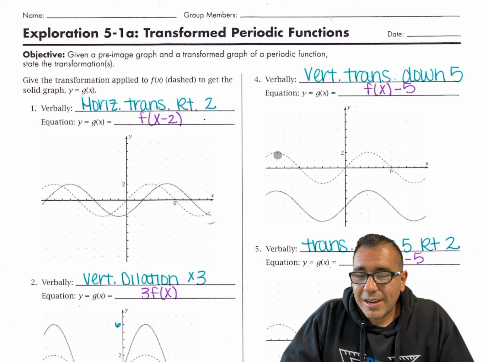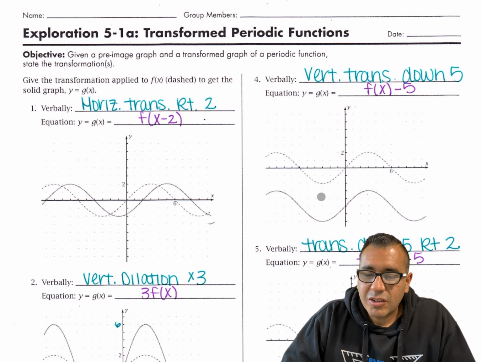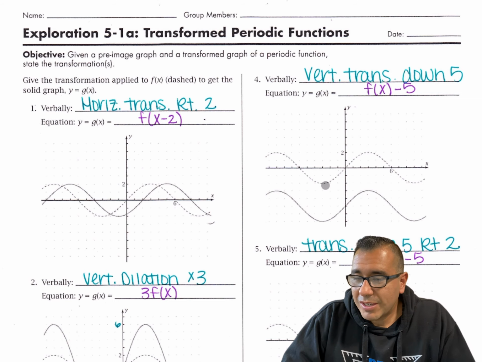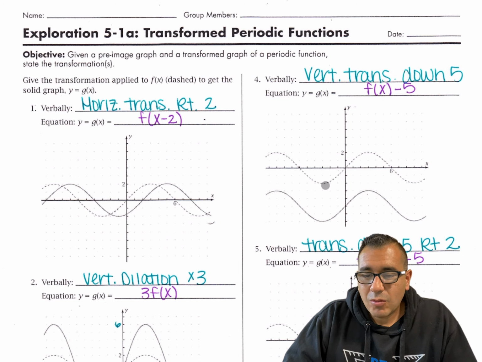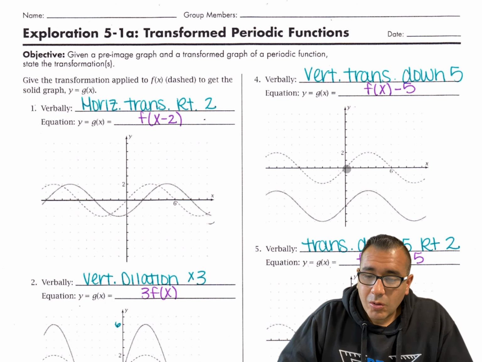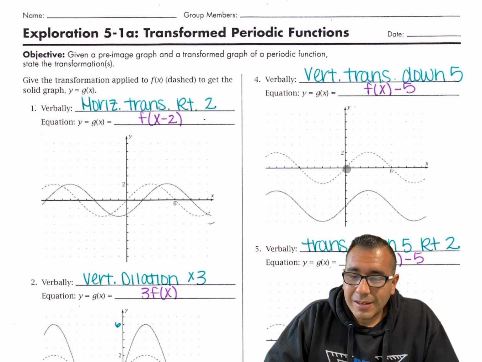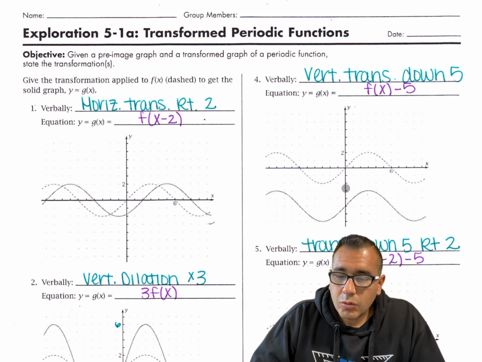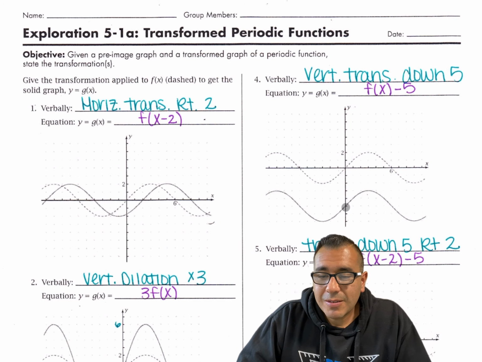So now, how did I get from this dotted curve to this solid curve? Notice it looks like I didn't go to the left, I didn't go to the right. We didn't shift it horizontally, and we didn't stretch it. So what happened is this point, I dropped it 1, 2, 3, 4, 5 units.